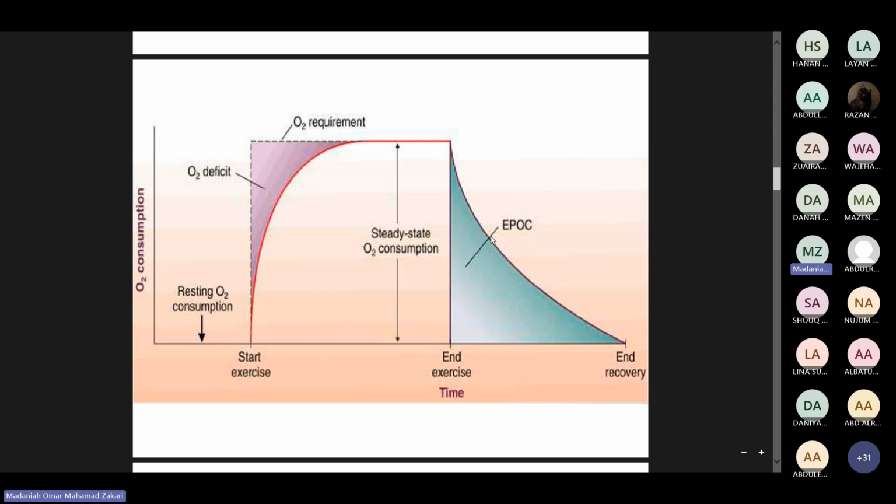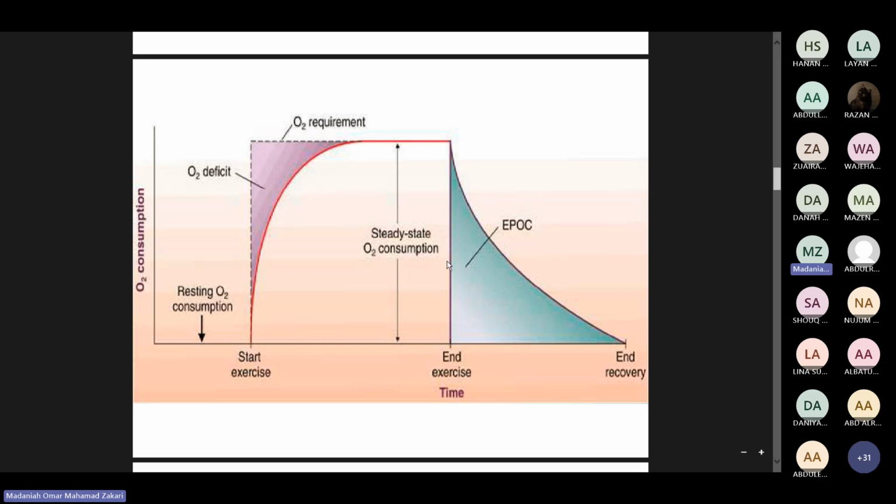So you will continue breathing with hyperventilation until the end of recovery, when the body knows that there is enough oxygen in the body and enough energy has been built up.